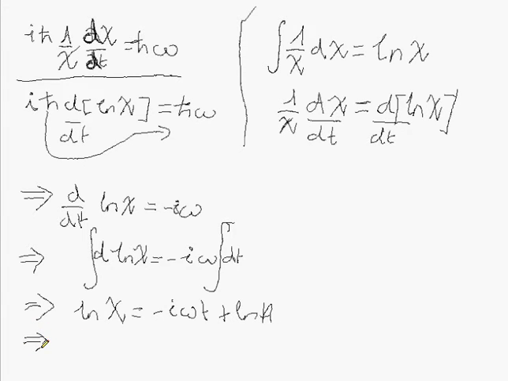Because from there we can now say, if we subtract ln a from both sides, we get ln of chi over a, that's just the properties of logs. If you're not happy with that, go back and revise it.